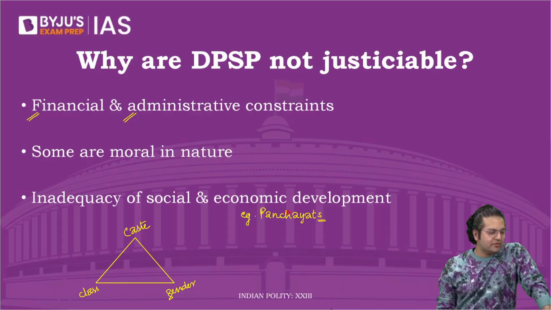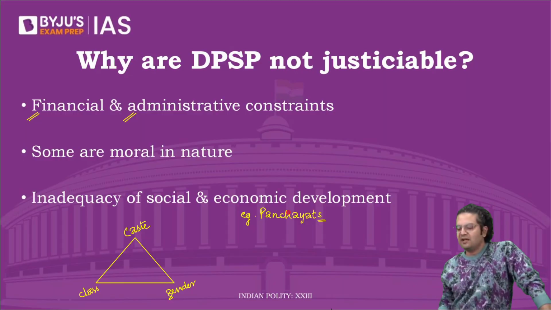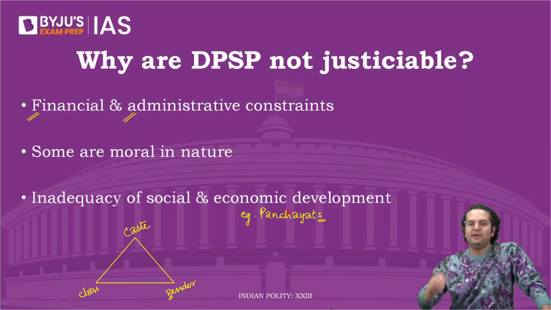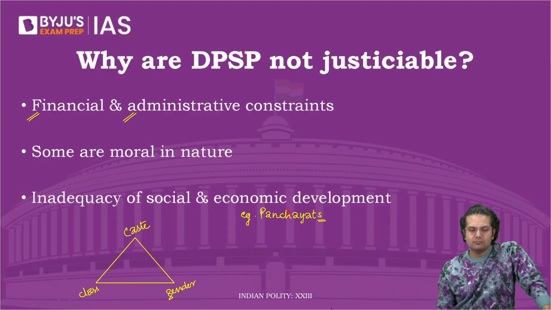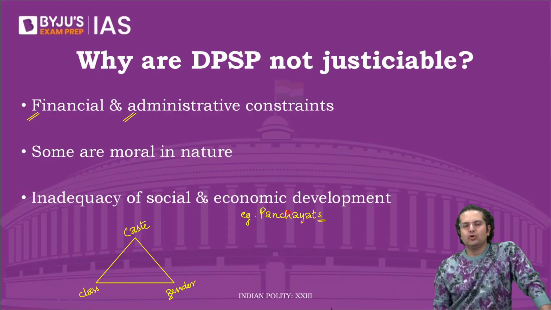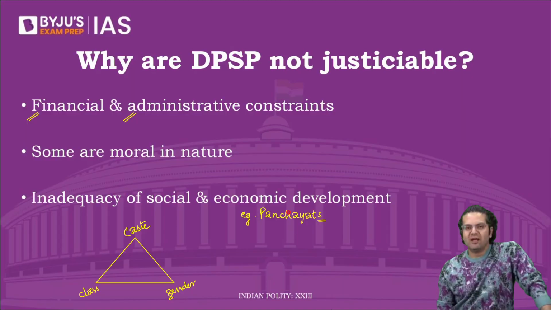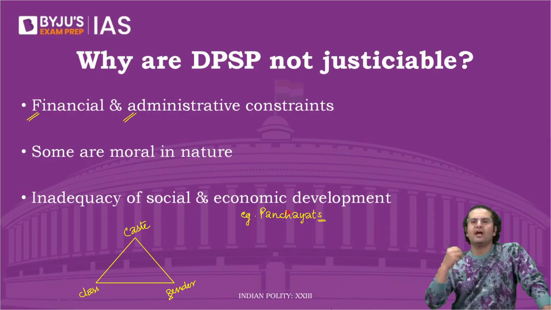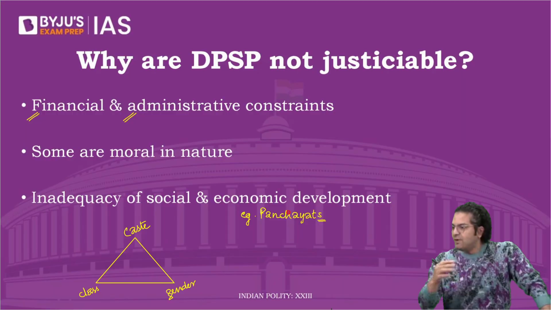All the resources, all the money which was devolved would end up lining the pocket of the rich and elite only. So we had to wait to ensure that the rural environment was slightly more conducive to grassroots democracy, and then we made the provisions.